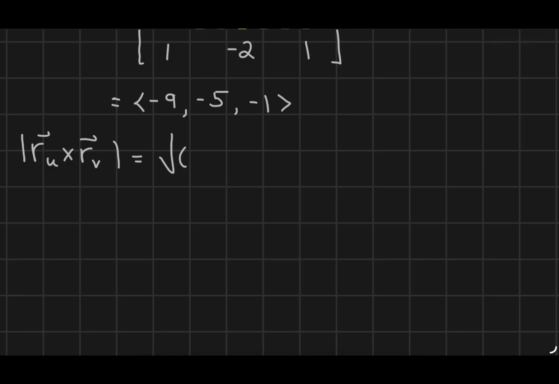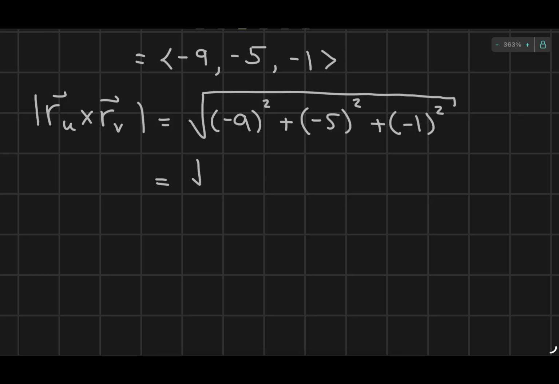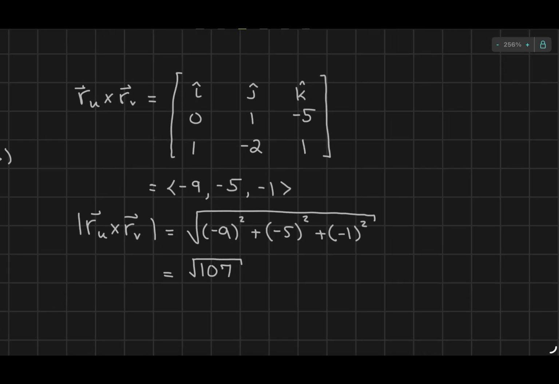So we are going to have negative 9 squared plus negative 5 squared plus negative 1 squared. 9 squared is going to be 81, 5 squared is going to be 25, 1 squared is going to be 1. 25 plus 1, that's going to be 26. 26 plus 81 is going to be 107. That is going to be the magnitude of our cross product there.